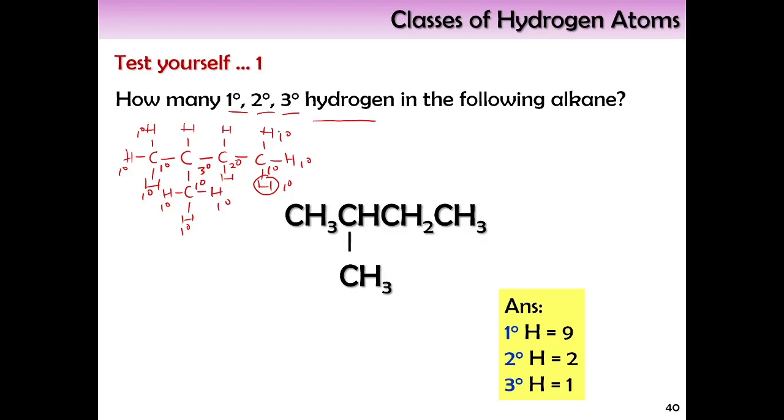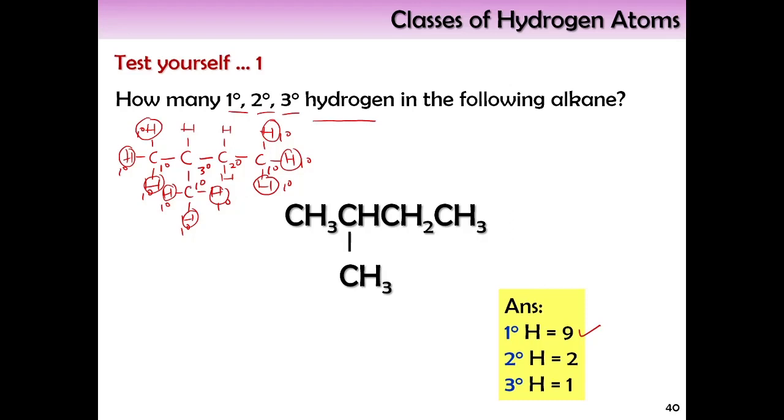So how many? 1 2 3 4 5 6 7 8. Where is one more? Primary. 1 2 3 4 5 6 7 8 9. 9. Okay, so correct. This one is 9. Okay, 3 3 3. 3 times 3 is 9.